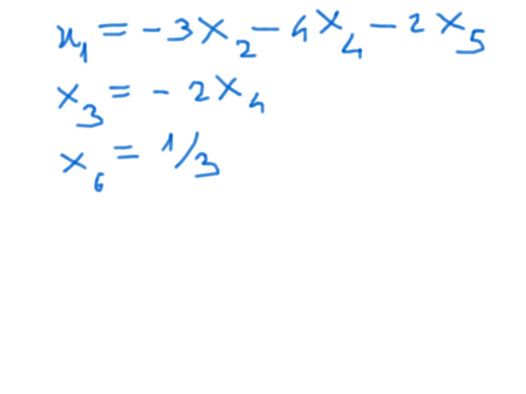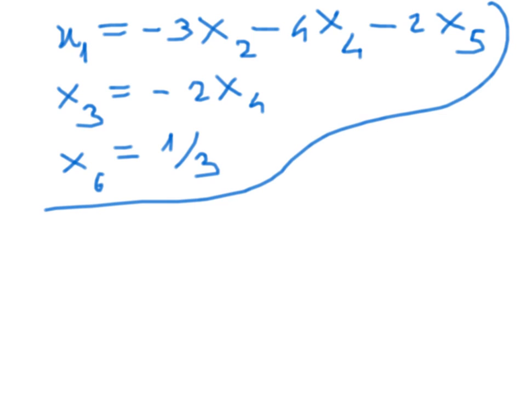Now, what can we see from here? Well, basically, remember, we are building a space that is orthogonal to W. And this space has these equations to define it.